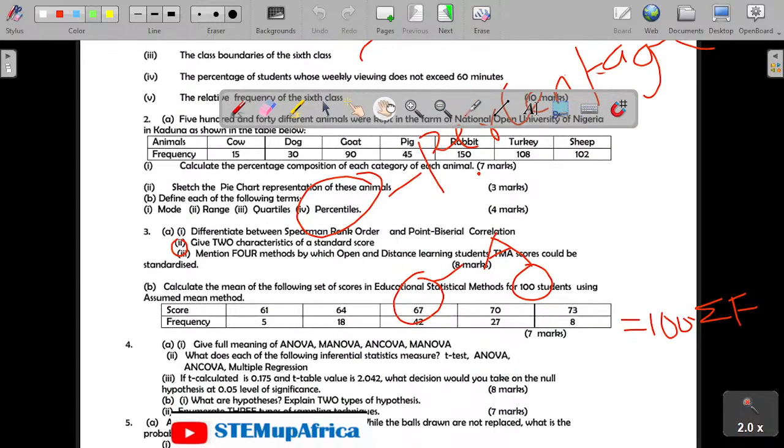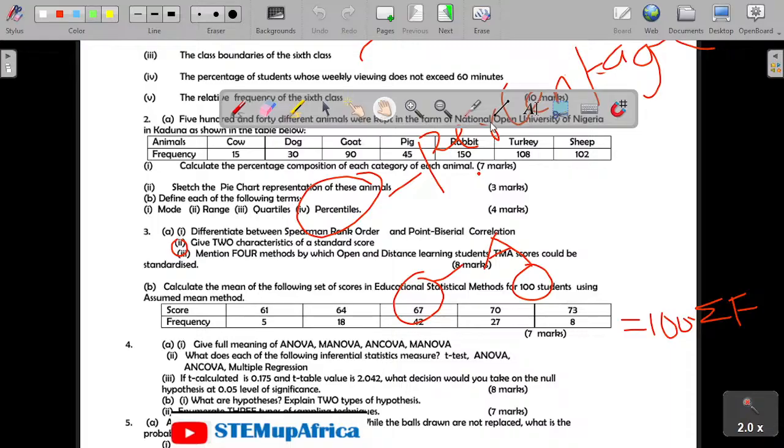Then the next one: which of the following inferential statistic measures t-test? So you're asking which is the ANOVA or the ANCOVA or multiple regression. T-test, like I said, is used to test for hypothesis, just like the chi-square. For inferential statistics, we have t-test, ANOVA, ANCOVA, and multiple regression.